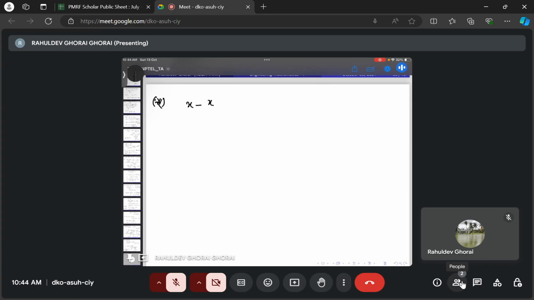You can show that x cube over 3 factorial will be less than sine x for x greater than 0. Okay, you can show that sine x minus x cube over 3 factorial will be less than sine x for x greater than 0. It's not true for x less than 0.